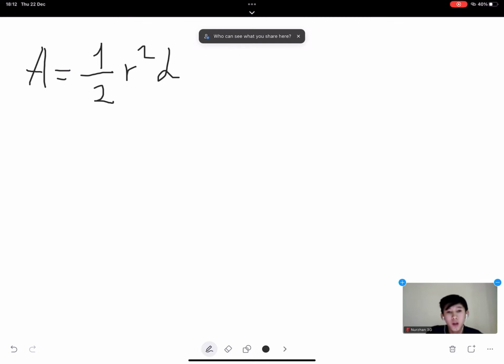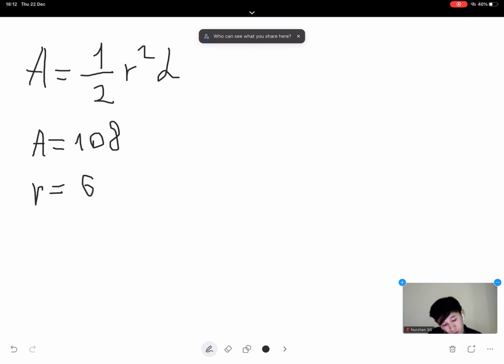Yes, and we are told that A is equal to 108 centimeters squared, and radius is equal to 6 centimeters.